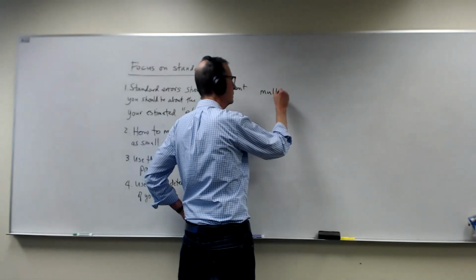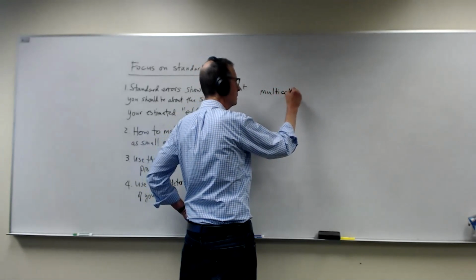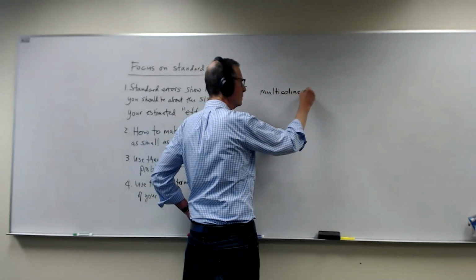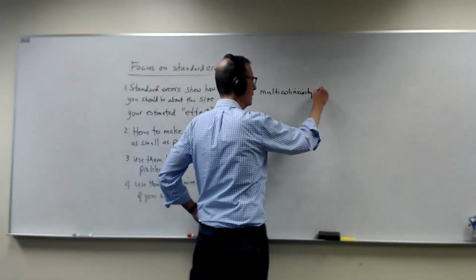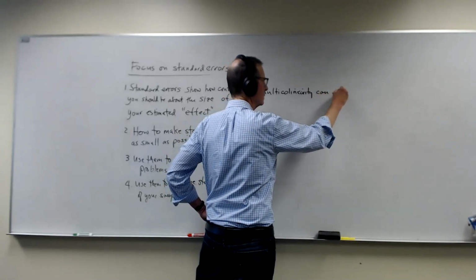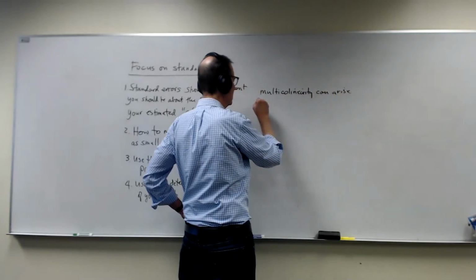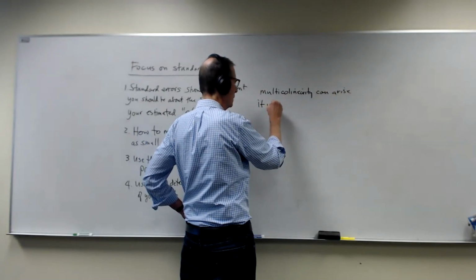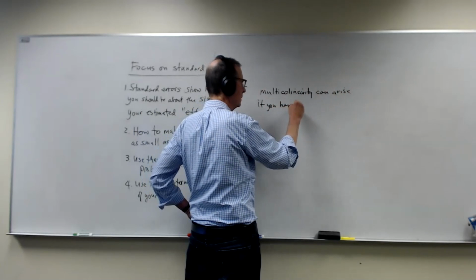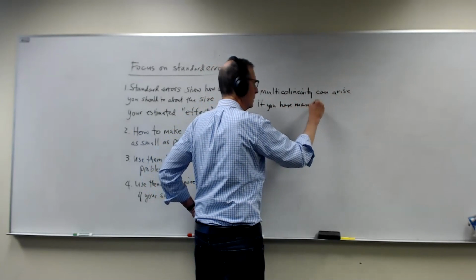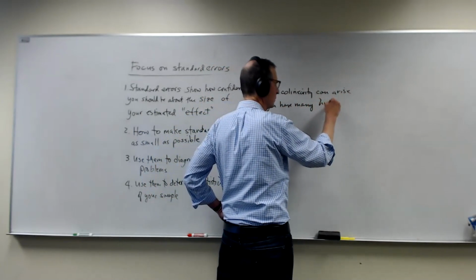Multicollinearity can arise if you have many highly correlated predictors.